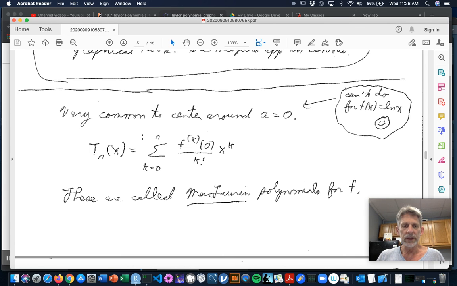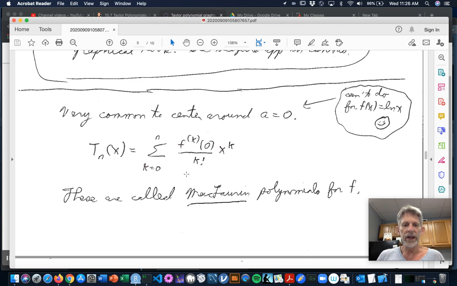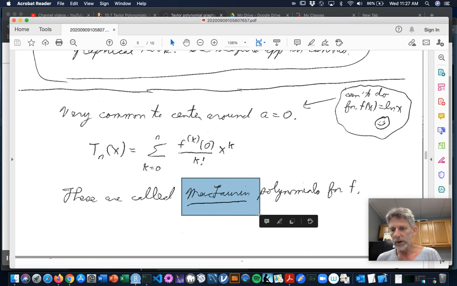And then your Taylor polynomial will look like the kth derivative at 0 over k factorial, x minus 0 to the k would just be x to the k. Sum that up, k goes from 0 to n. When you're doing that, you're making what are called the MacLaurin polynomials for f. So we'll be looking at those quite a bit, along with just more general Taylor polynomials.